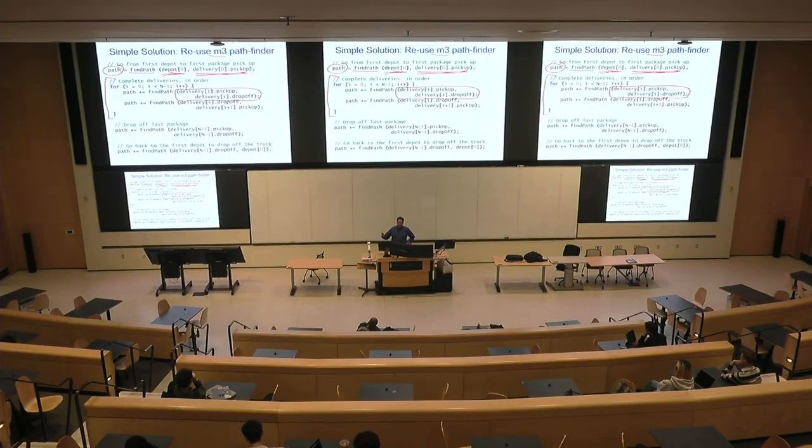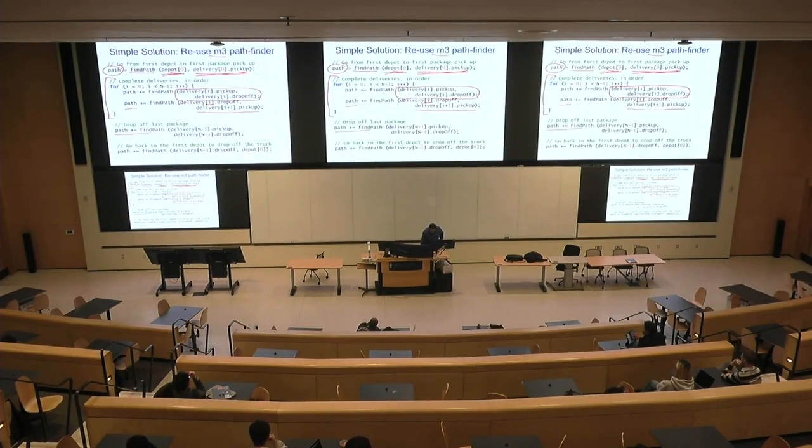Now I need to go pick up the next package, so I'll say, okay, I'm currently at this intersection, the drop-off for delivery I. I just want to go to the pickup location for the next package, I+1. So add that into my solution. And just keep doing that until I've made all my drop-offs except 1, and I picked up the last package.